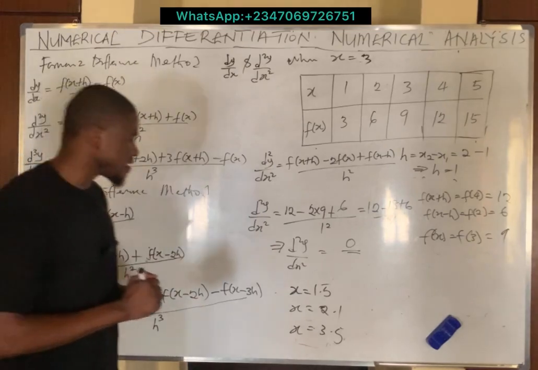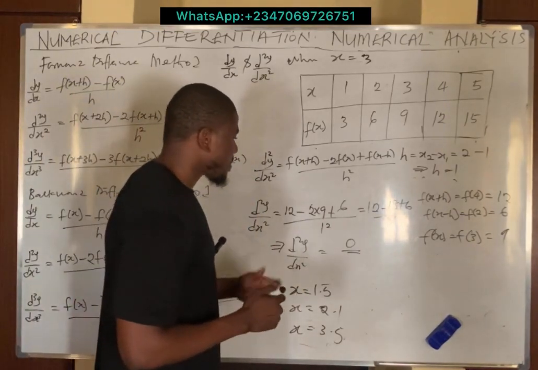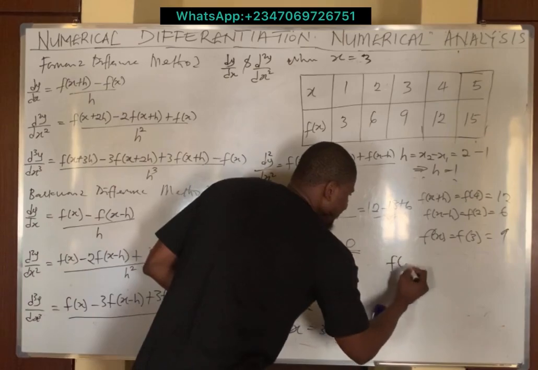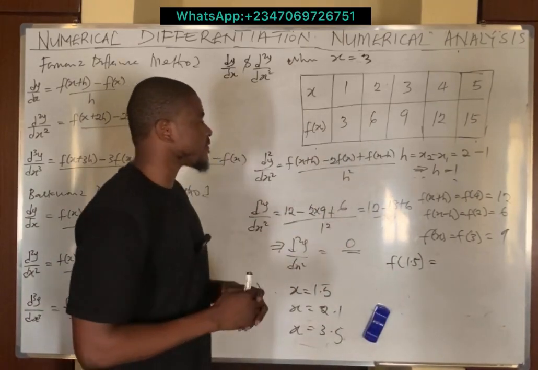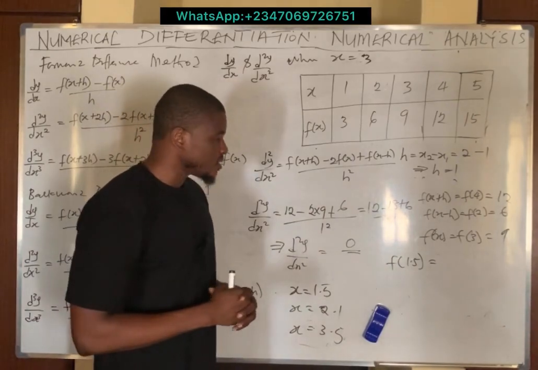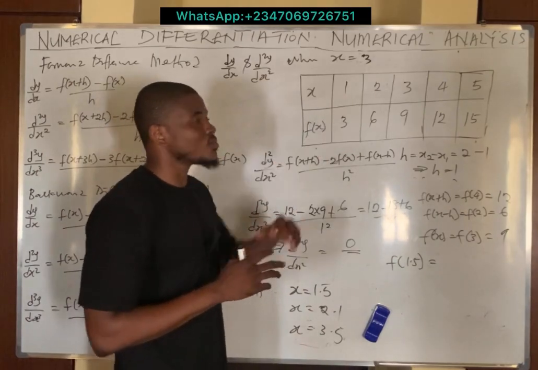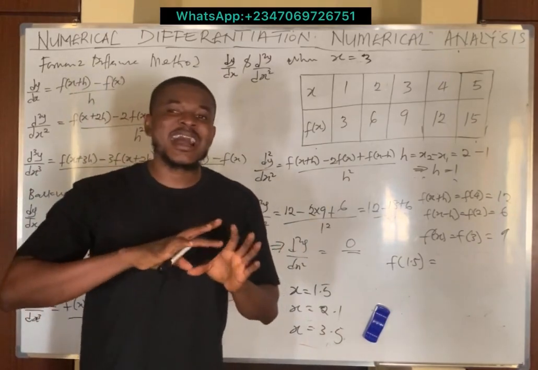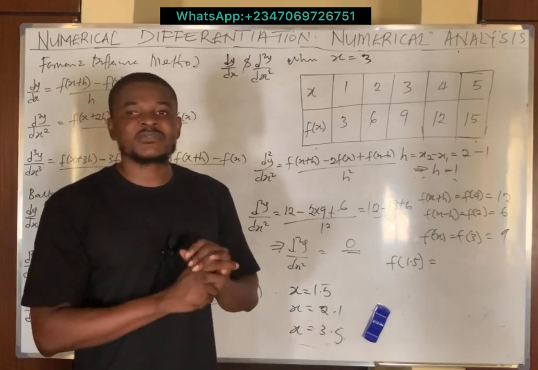You see that if x is 1.5, the value of f of 1.5 is actually not on the table. You observe that f of 1.5 is not on this table. Which means that 1.5 lies between 1 and 2. In that case, you have to what? Interpolate.